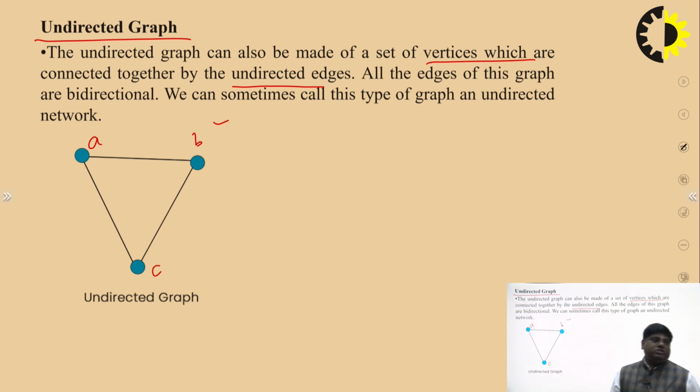Similarly, C is related to B and B is related to C, and C to A also. In terms of relation, all nodes are symmetrically associated, and such a graph is known as an undirected graph.